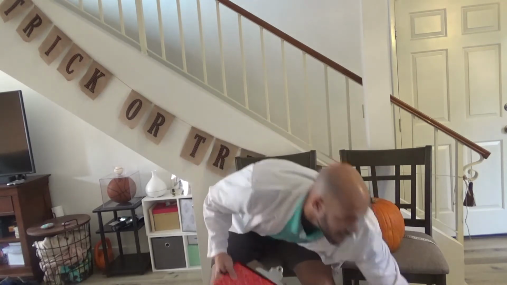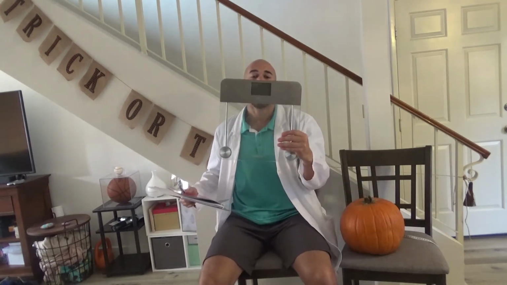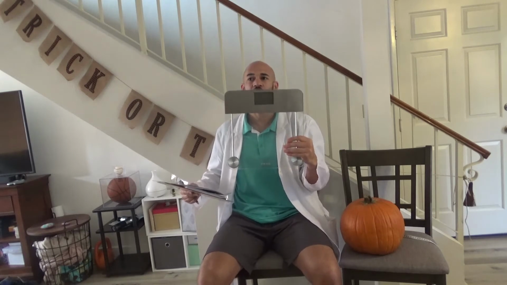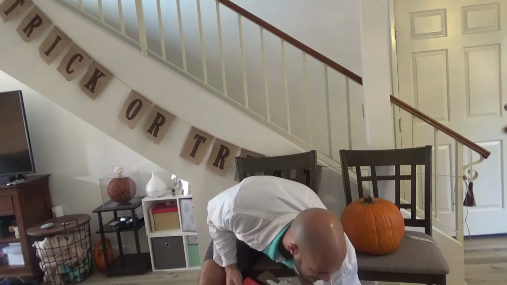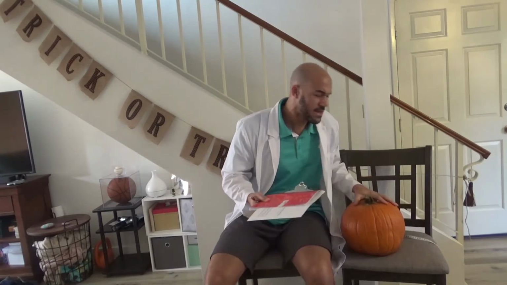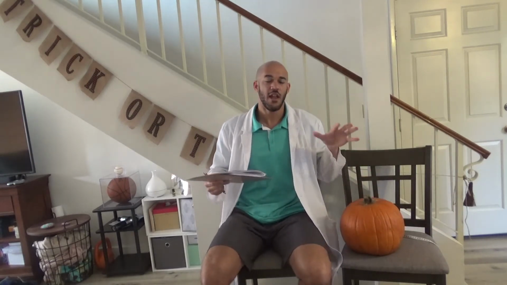So I have a scale right here, and this measures how much your pumpkin will weigh. So put your scale on the ground and place your pumpkin on the scale, and numbers will come up. Now I've already done this, and my camera can't go low enough to film it, alright? But I predicted that my pumpkin would weigh 32 pounds.